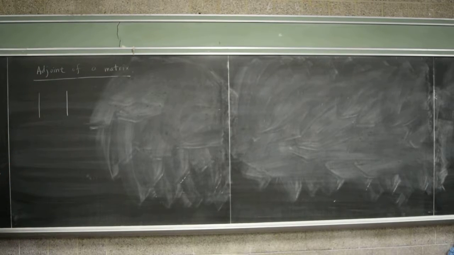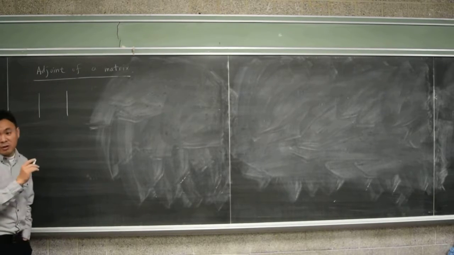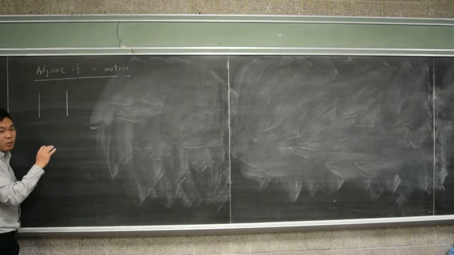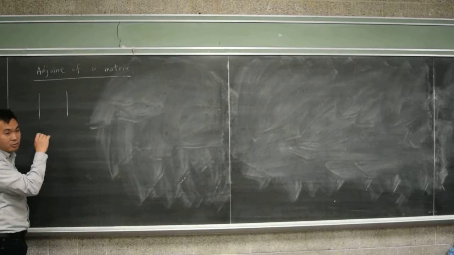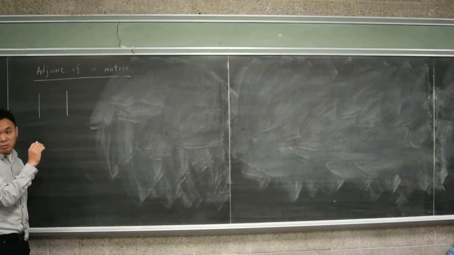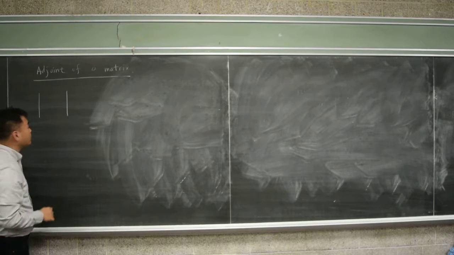As I said, when matrices are discussed, always the first number is the number of rows, and the second number is the number of columns, right?